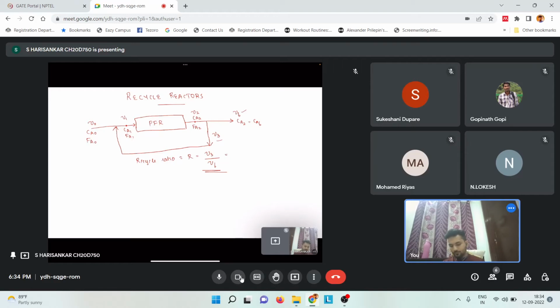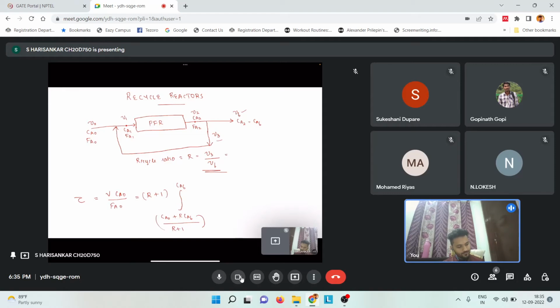And for this also, we can find the general design equation by using the normal material balance, and the design equation comes to be tau, which is V CA0 by FA0, is equal to R plus 1 into CAF to CA0 plus R CAF by R plus 1.